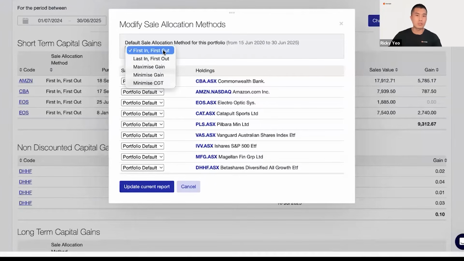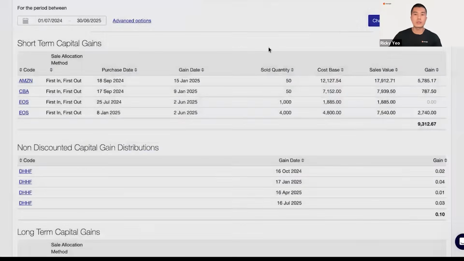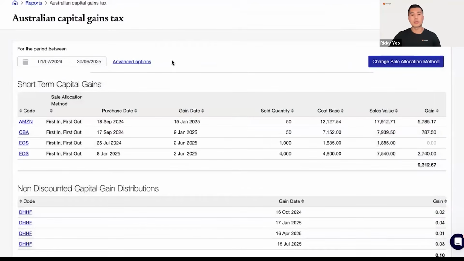But you have the option to choose other methods like LIFO, maximize gain, or minimize CGT. If you change your sell allocation method from one financial year to the other, you want to make sure you log the report, so that Sharesight doesn't pick parcels that you have previously sold.